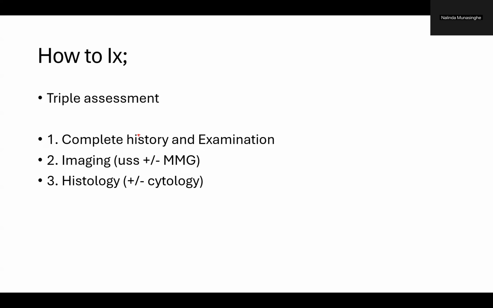The reason that we don't do mammograms for patients who are age less than 40 is merely due to their breast density, and we won't be able to read the mammogram even if we do it. But there are exceptions.